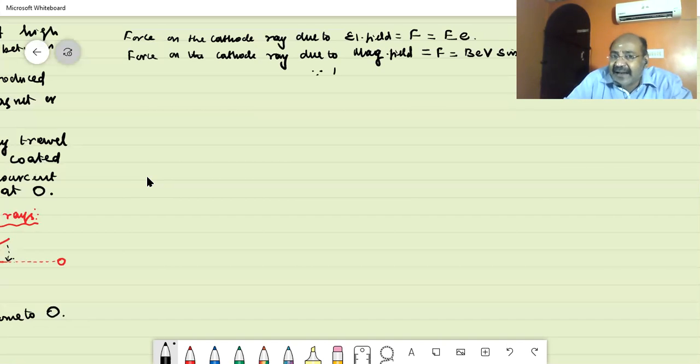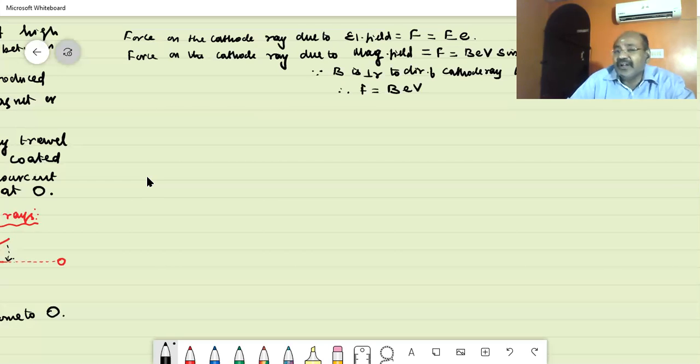Since the magnetic field B is perpendicular to the direction of the cathode ray, theta equals 90, so sin 90 becomes 1. Therefore, the force F is equal to B e V.